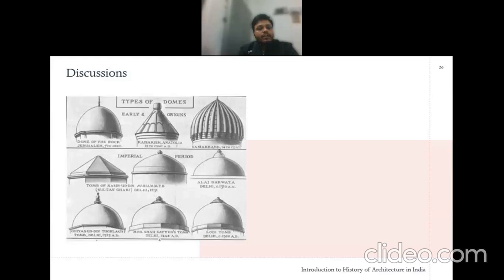Again the imperial period, where we can see dome structures like the tomb of Nasiruddin Muhammad, the Sultan Ghari of Delhi, then the Alai Darwaza dome of Delhi, Ghiyasuddin Tughlaq's tomb, Muhammad Shah Sayyid's tomb at Delhi, then the Lodi tomb at Delhi. I think this is of the Lodi period of 1500 AD, located in the Lodi Garden, Bahlol Lodi's, I guess.